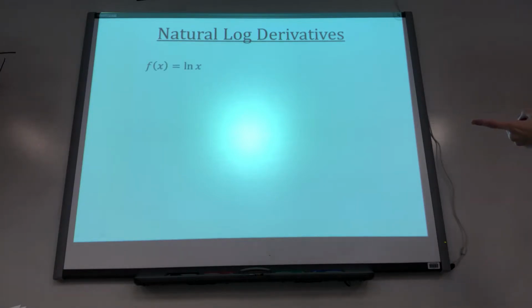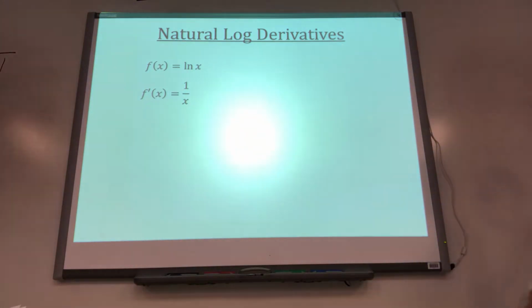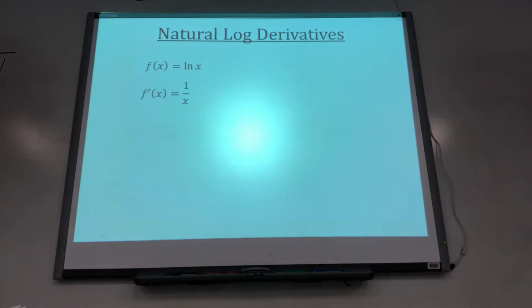So let me start with just f of x equals natural log of x. Okay, it's just x. To take the derivative of that, f prime of x, it's going to be just 1 over x. Derivative of the natural log of x is 1 over x.